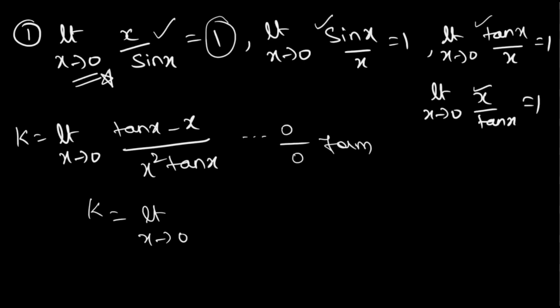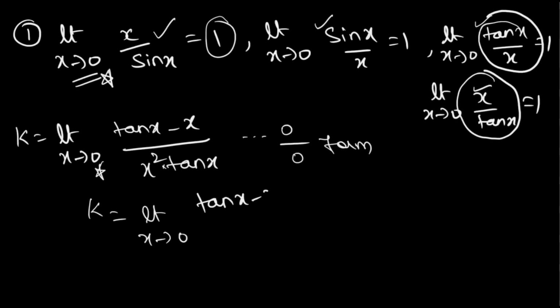But one thing, if you notice, we have x square tan x here. Whenever this comes in multiplication, I told you that either you have to bring this x by tan x or tan x by x format, because the limit is x tends to 0. So before applying L'Hospital rule, let it be tan x minus x in the numerator, x square is there.